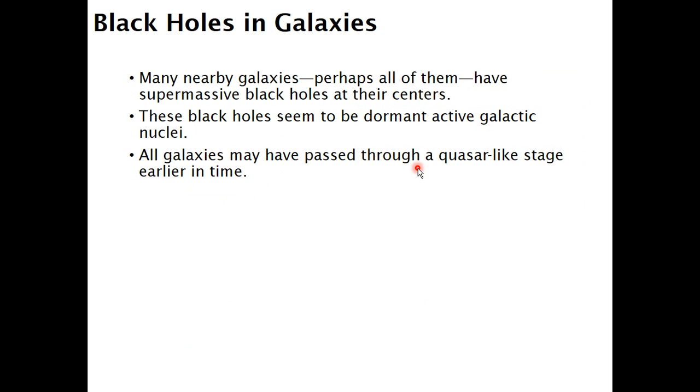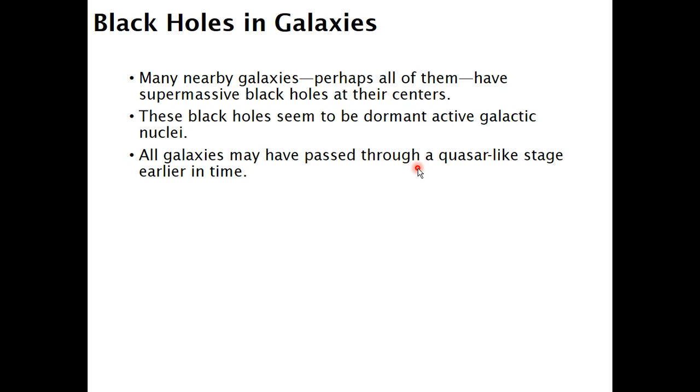So we figure that probably all galaxies have some sort of black hole at their center, and it's probably larger than a stellar black hole. It's probably on the order of millions of solar masses. And that kind of leads us to the idea that maybe all galaxies go through this energetic phase of producing lots of energy as the accretion disk forms around a black hole.